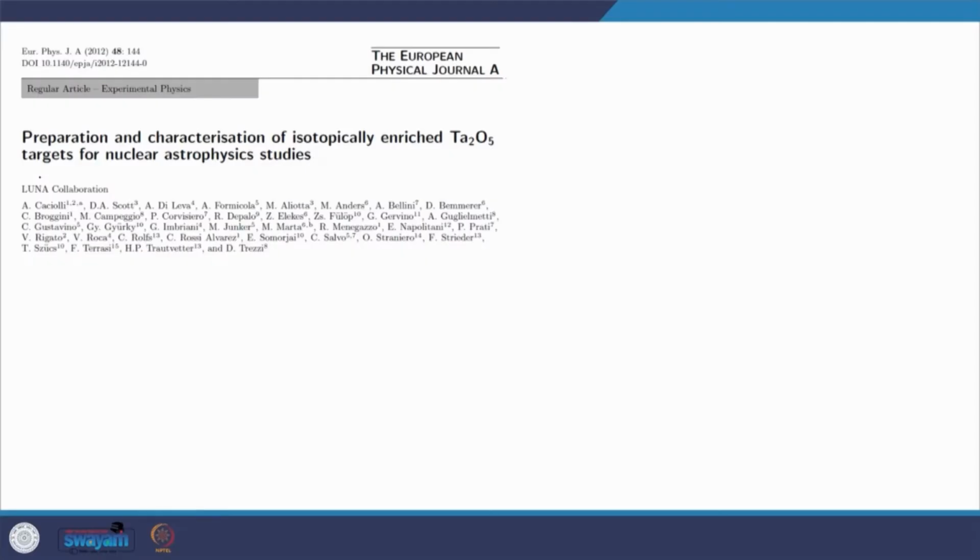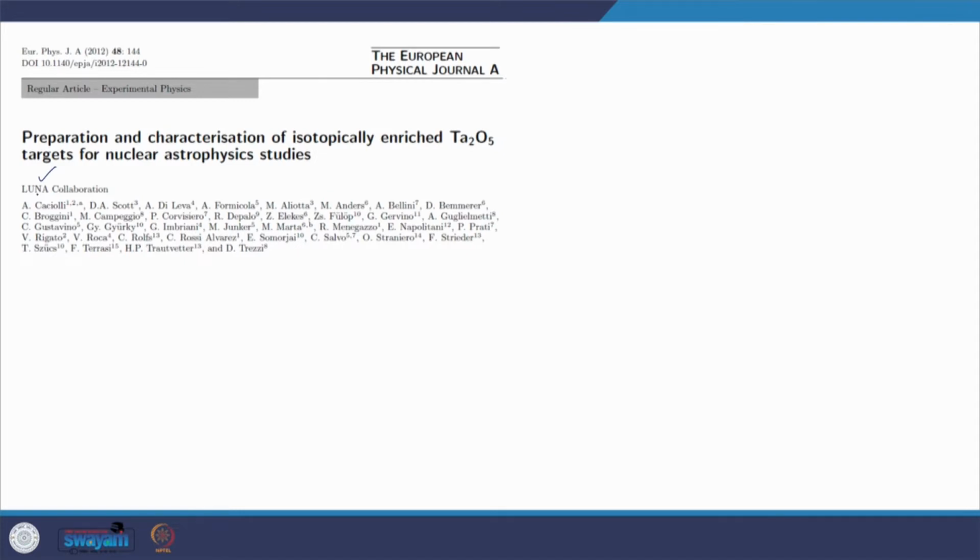So, let me discuss, as I said, the problem related to the measurement of cross section when there is a change in the particle beam's energy. Let me show you one interesting paper which I came across, from one of the important experimental facilities in the world, LUNA, the Low Energy Underground Laboratory for Nuclear Astrophysics, a laboratory underground to carry out experiments related to nuclear astrophysics.